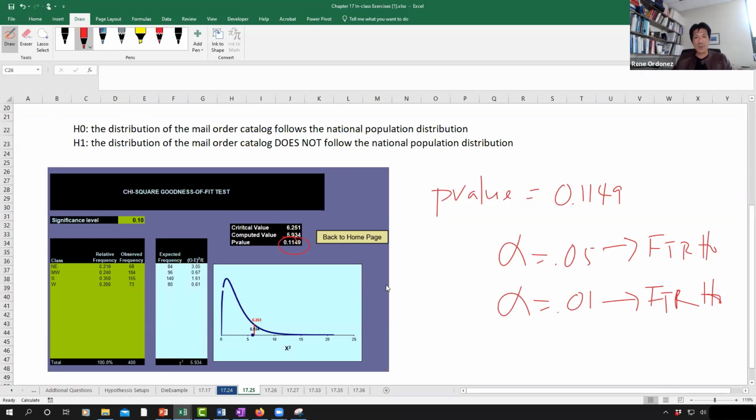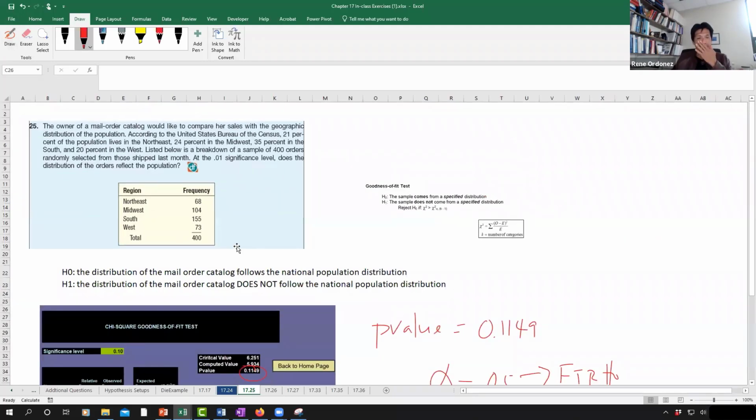So by failing to reject the null hypothesis, what can we tell this owner of the mail order catalog in terms of the distribution of the orders of shipment last month? Does it follow the national population distribution or not?